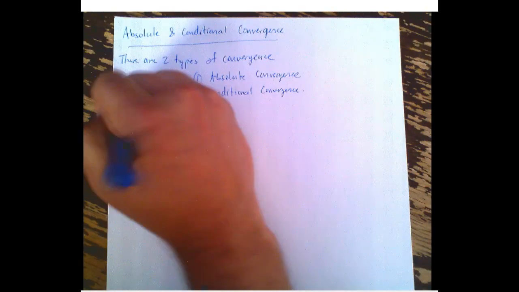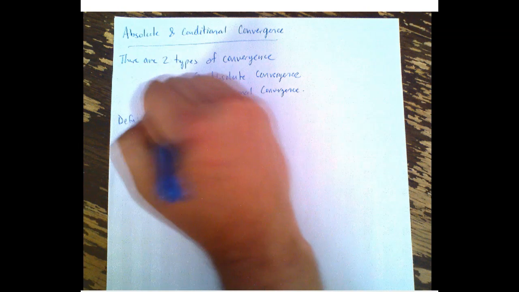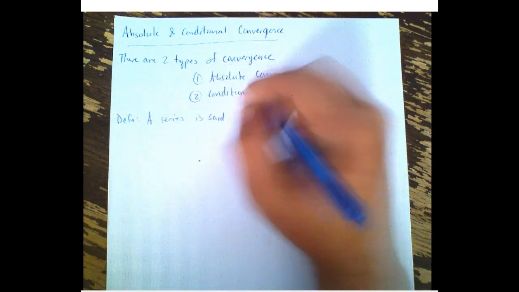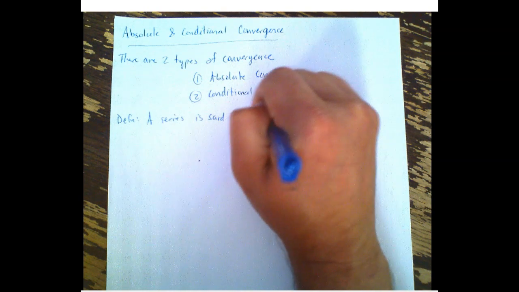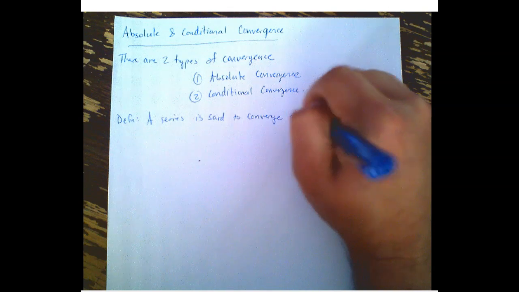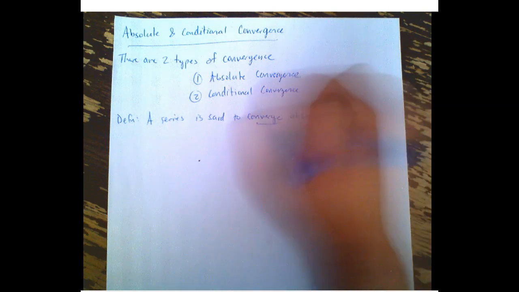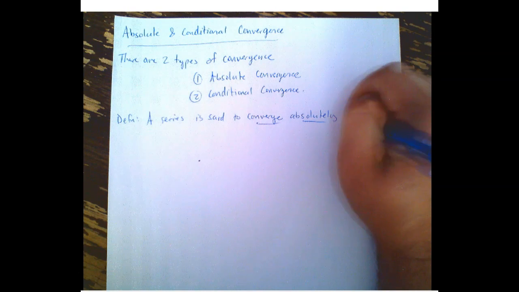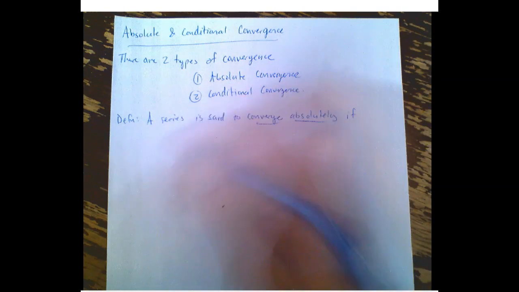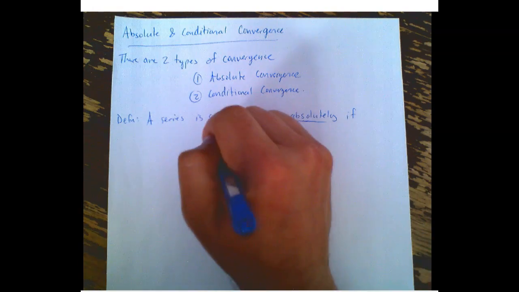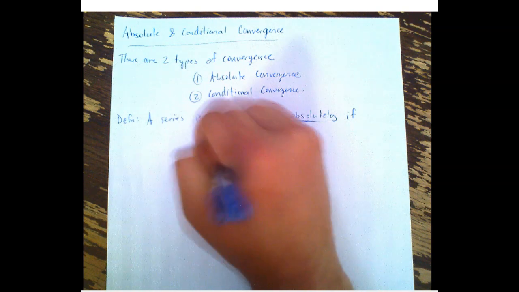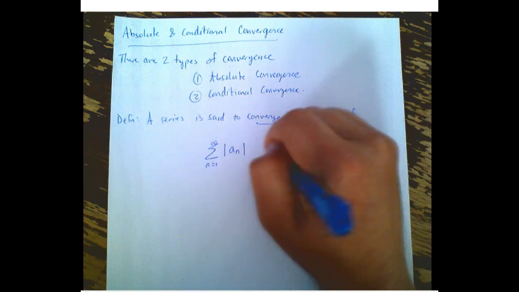So, definition. A series is said to converge absolutely if the absolute value of the series converges.